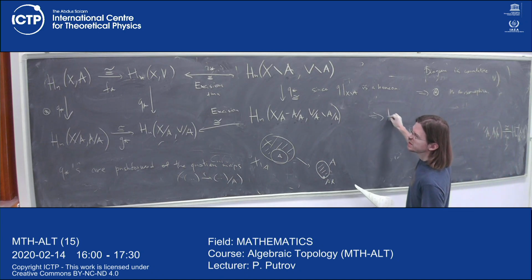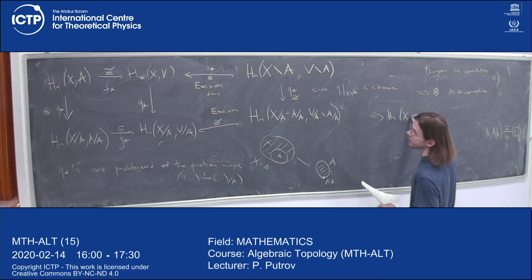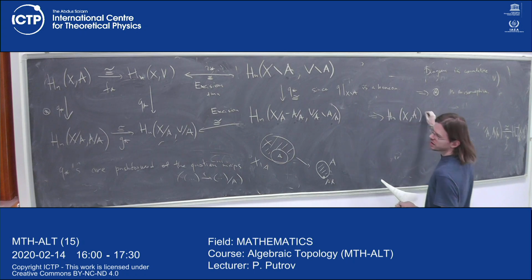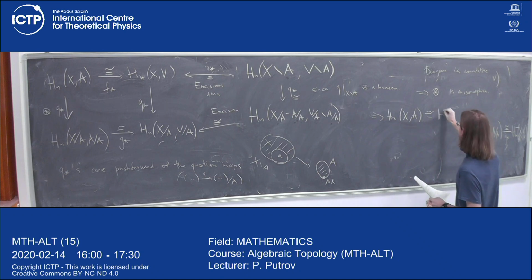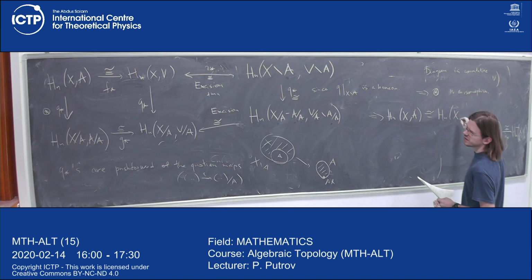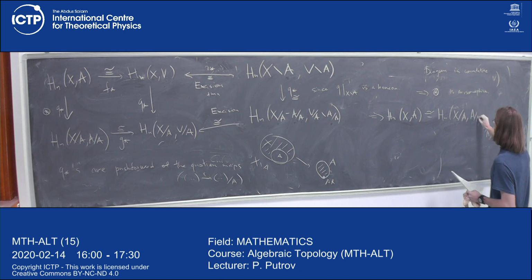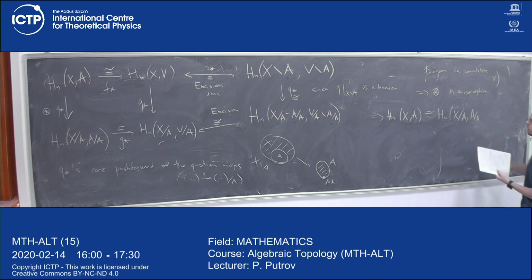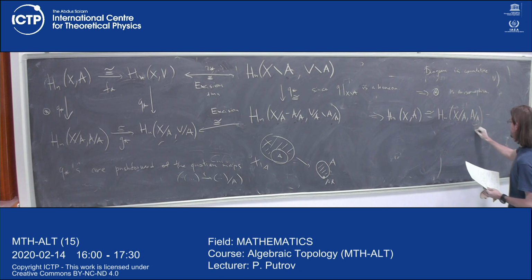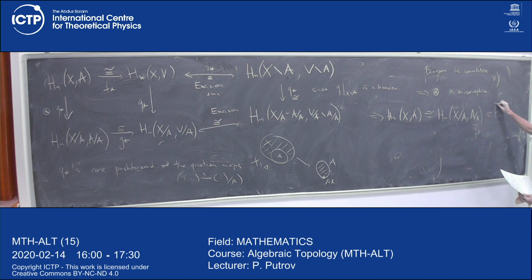So X, A is the same as X. And also this is a point. This is this relative reduced homology.